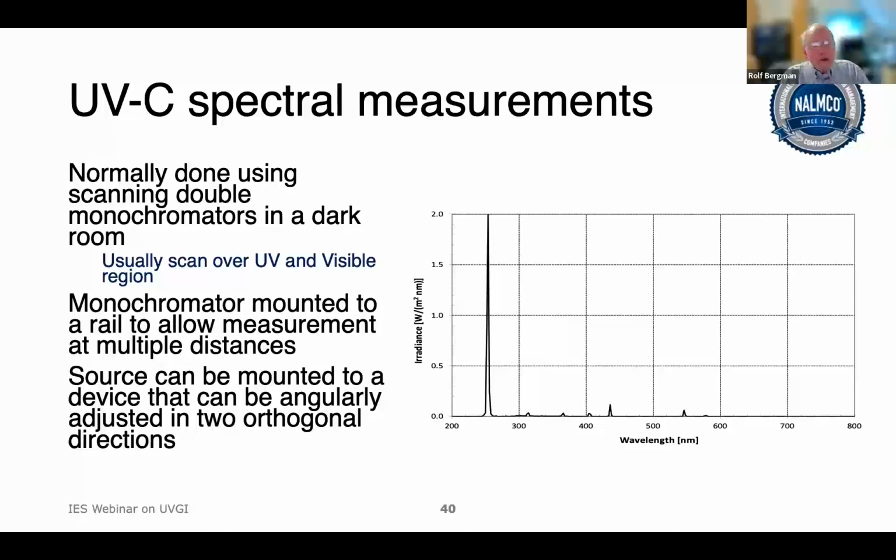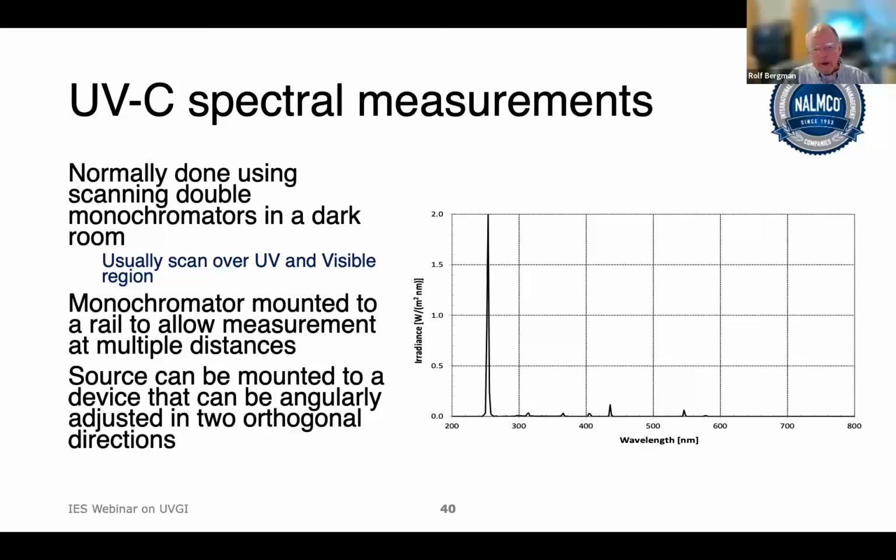Okay, shifting to spectral measurements. In the UV, spectral measurements are done using a double monochromator, and it's done in a dark room, obviously. And usually the instruments that are obtained, the scanning instruments, scan over the UV and the visible region.